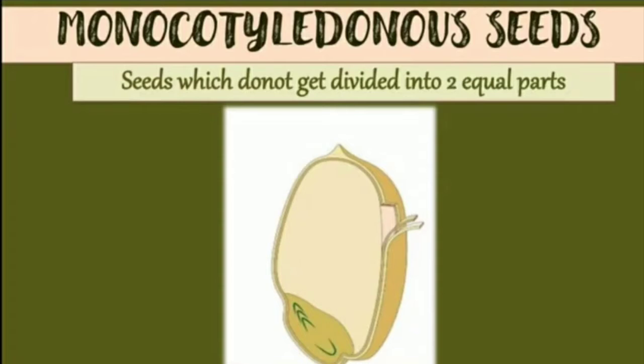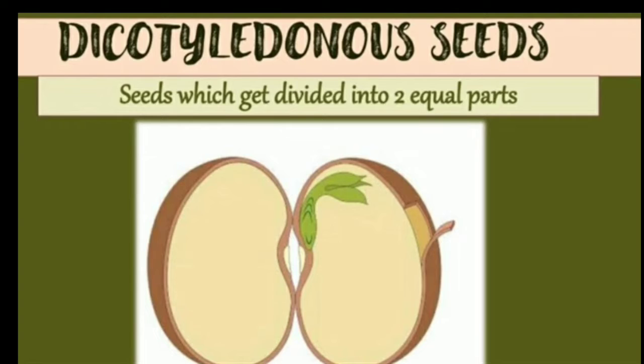For example, maize. And what are dicotyledonous seeds? The seeds which get divided into two equal parts are known as dicotyledonous seeds. That means if we cut open the seed, we could see the seed dividing into two equal parts. So it is called a dicotyledonous seed. Understood, children? Good.